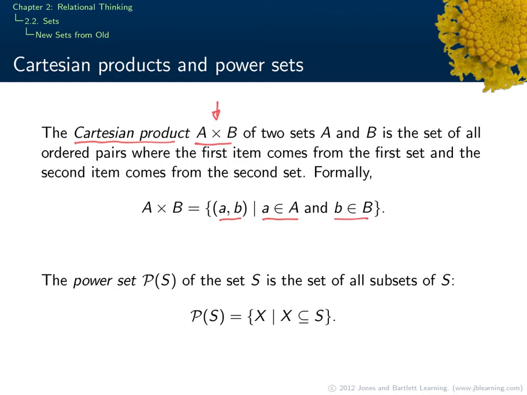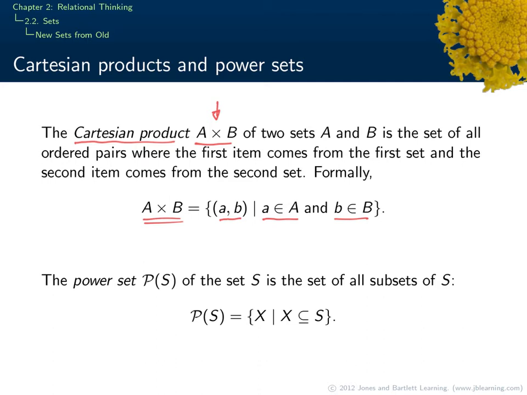It's reminiscent of multiplication, and indeed, if A and B are finite sets, the number of objects in the Cartesian product A cross B is the number of objects in A times the number of objects in B.